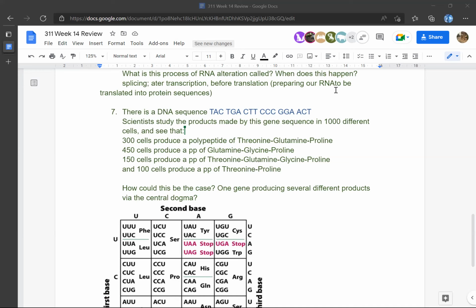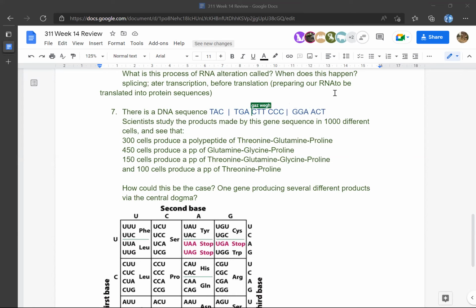Having multiple cleavage sites is, for example, if we had this sequence of DNA here, what we have is obviously our start codon at the beginning and our stop codon at the end. But these 4 sequences in the center, these 4 codons, because you see they're all arranged in groups of 3, will go into the tRNA. If we have multiple cleavage sites, let's say that we have a cleavage site here and a cleavage site here.